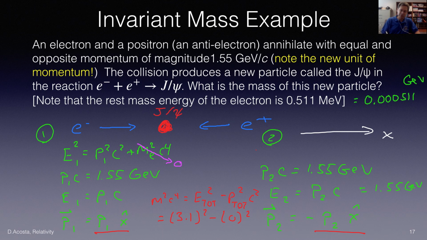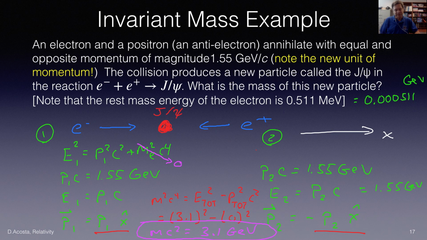So long story short, mc squared for this object is the sum of 1.55 plus 1.55. It's 3.1 GeV. So that is the mass of this new object called the J psi. The momenta, because they're in opposite directions, subtracted from each other.